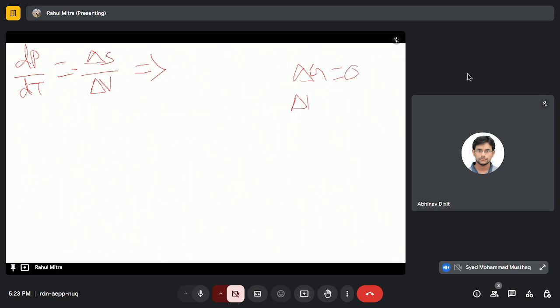So delta H must be equal to T delta S. Then delta S equals delta H divided by T. And if I substitute there, that will be equal to delta H by T delta V.